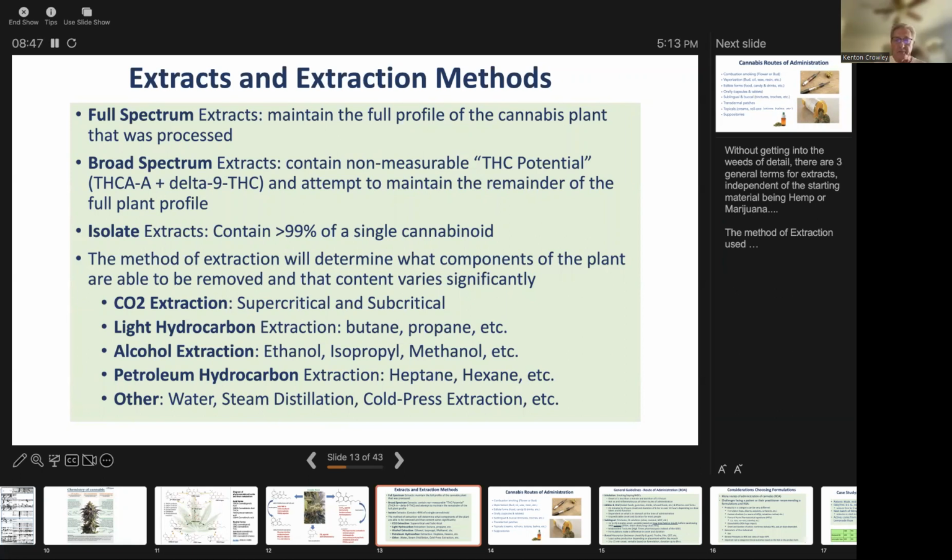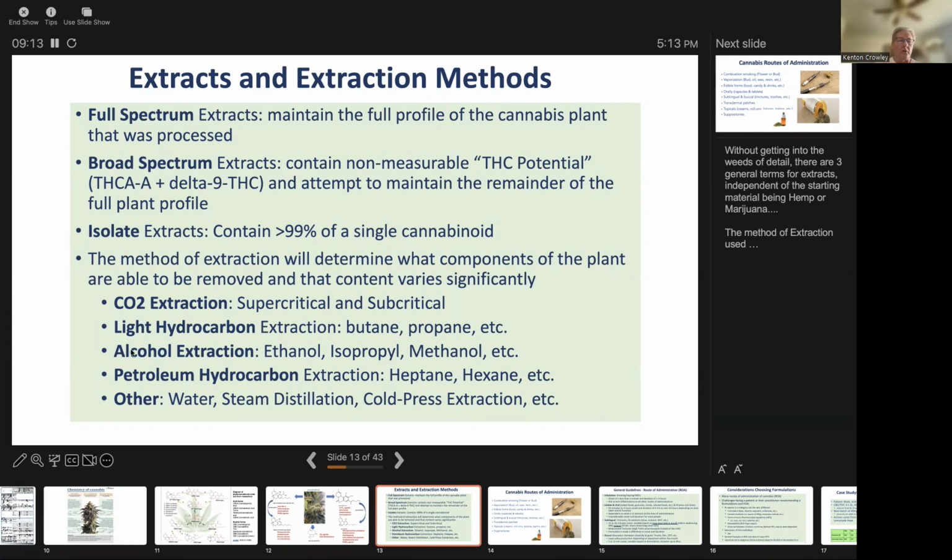The extraction method will determine what components of the plant are able to be removed, and that content varies significantly. CO2 is probably the most common marijuana extraction that's used in the cannabis space in the US, followed by hydrocarbon.